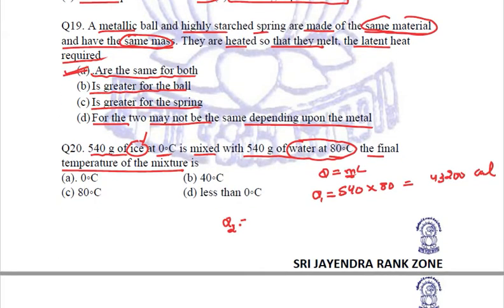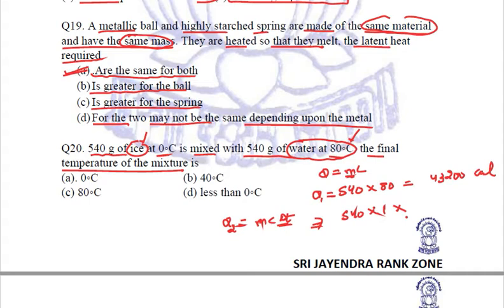Again, the formula for calculation is M into C into delta T. Putting the values, the mass given to us is again 540, multiplied by the specific heat, which for water is 1, and the change in temperature is, initially it was at 80 degree, then it goes to 0 degree.